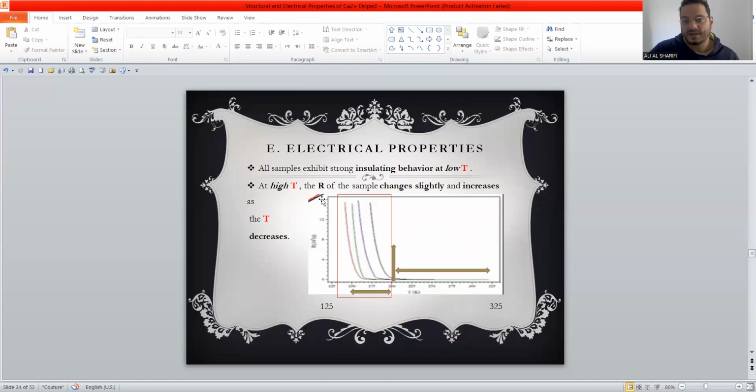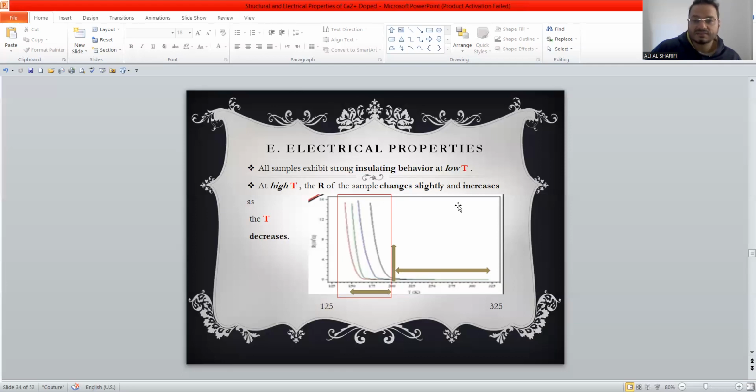All samples exhibit strong insulating behavior at low temperature. Like I said before, at high temperature, the resistance of the samples changed slightly, with a little bit of change.